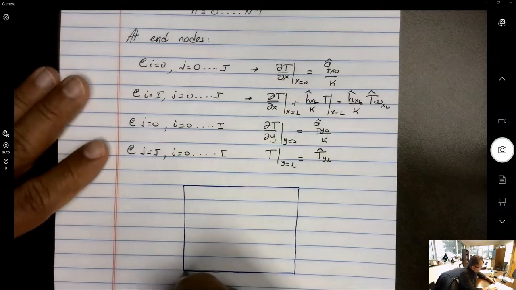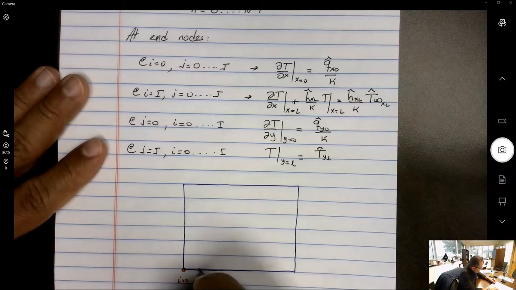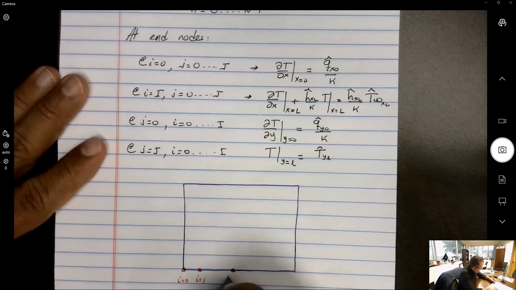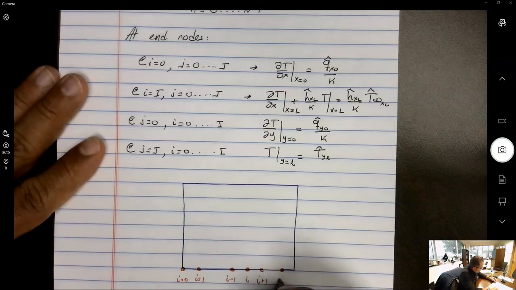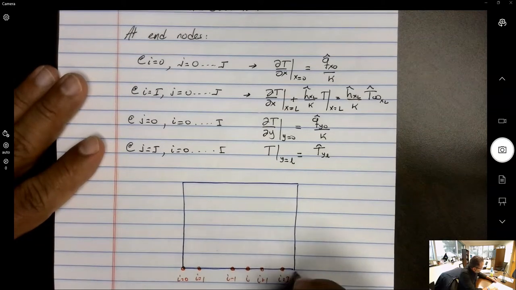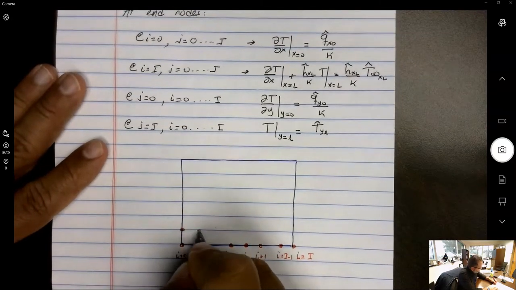So basically this will be i equal 0, i equal 1, this will be i minus 1, i plus 1, and this will be i equal I minus 1, and this will be i equal I. Same thing here.